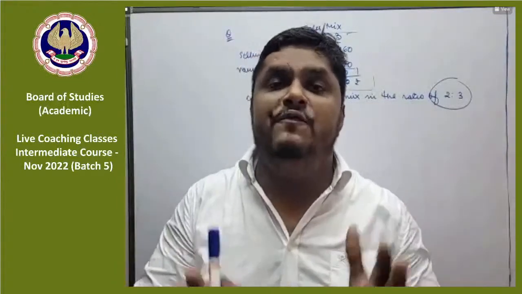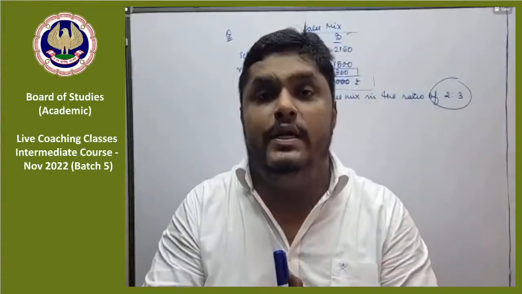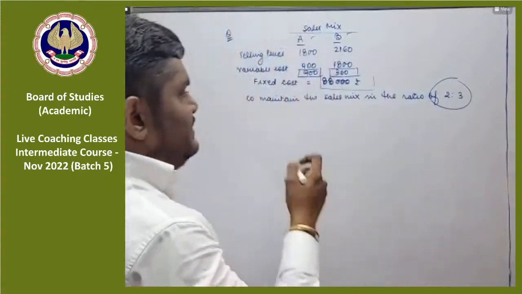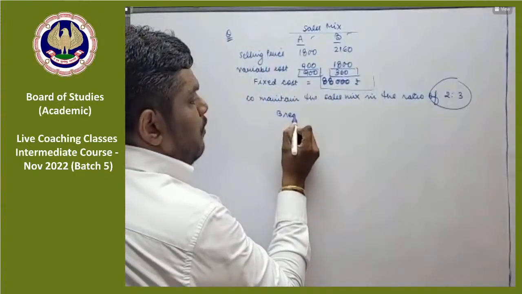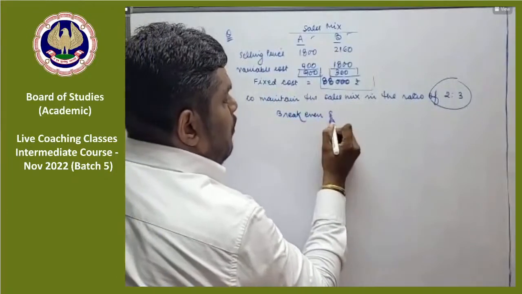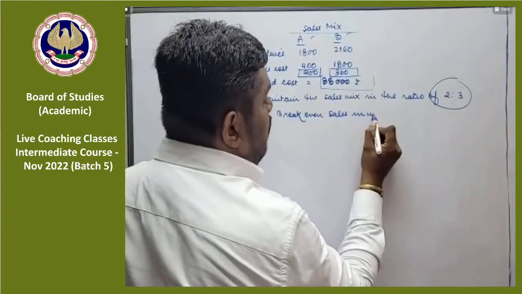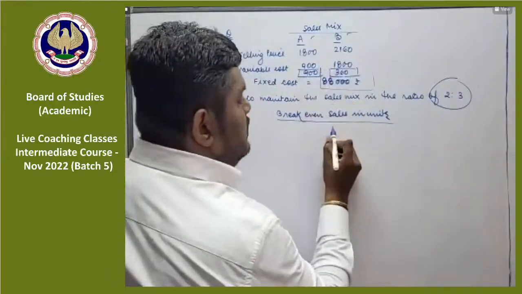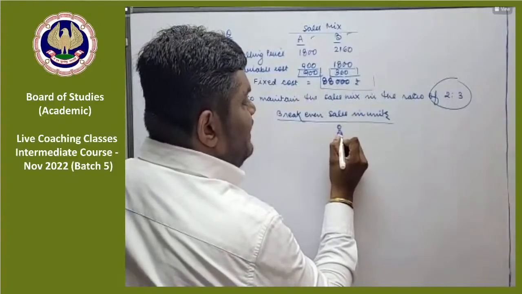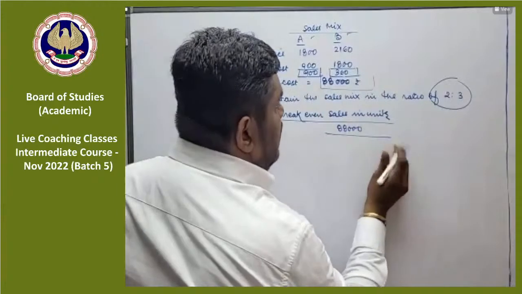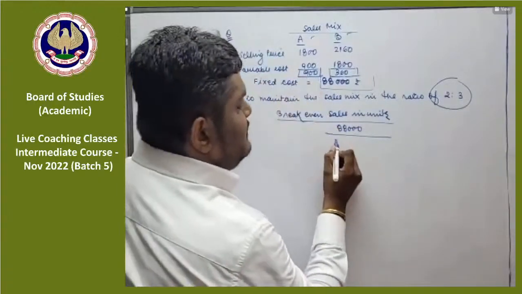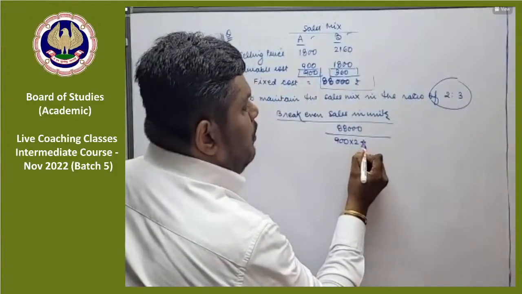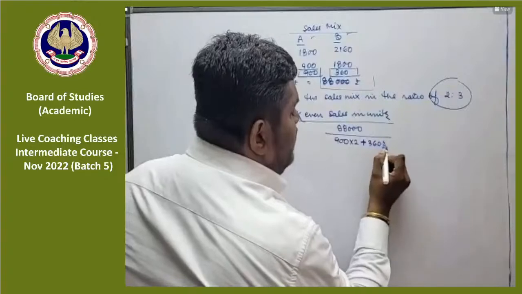Suppose in the same question, if we have to calculate break-even point in units, I repeat again, we have to calculate break-even point in units. Very simple, guys. Fixed cost, that is 88,000 divided by contribution per unit, that is 900 into the weightage of 900, that is 2, plus 360 into 3.